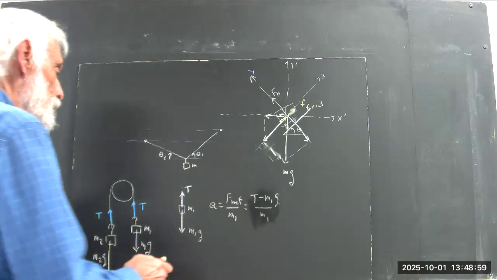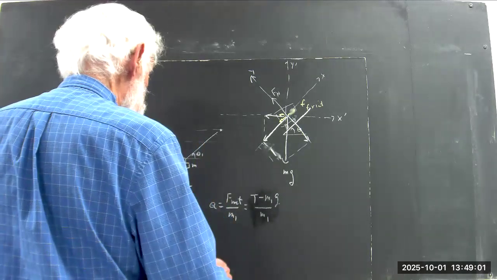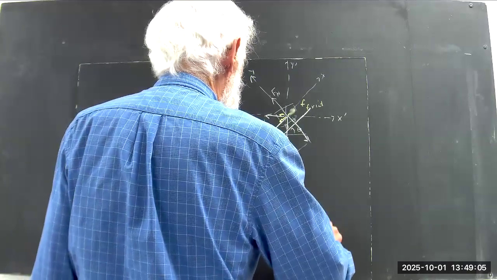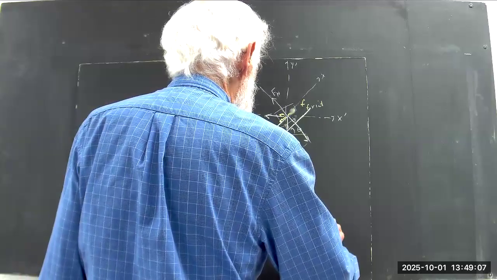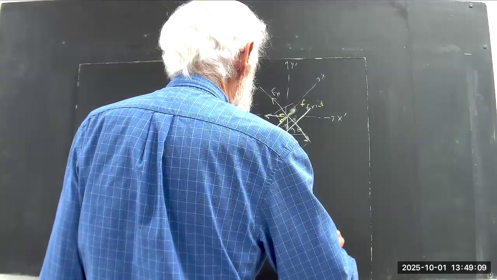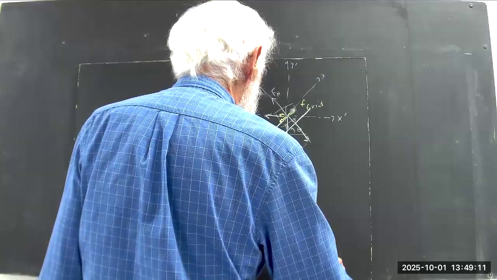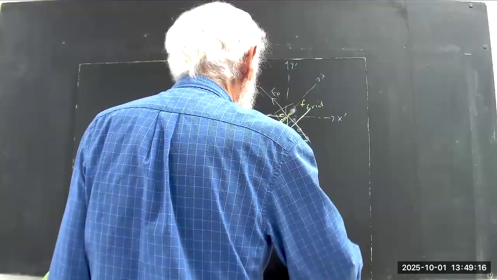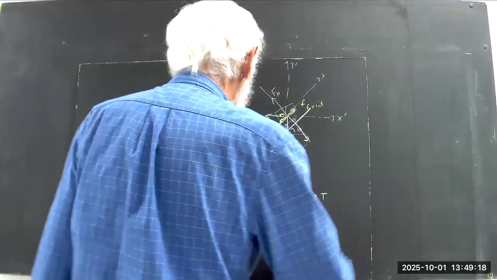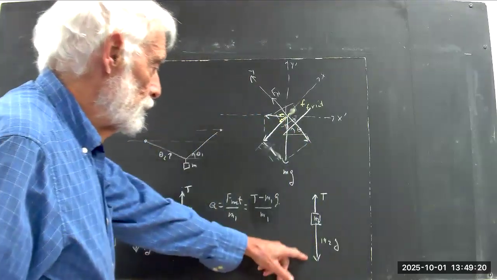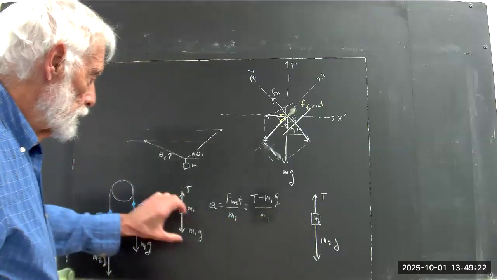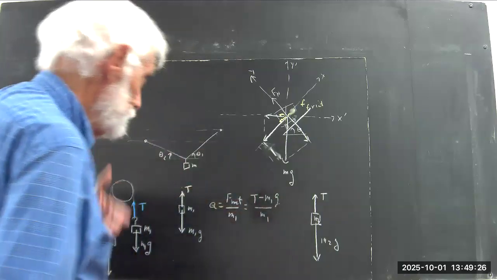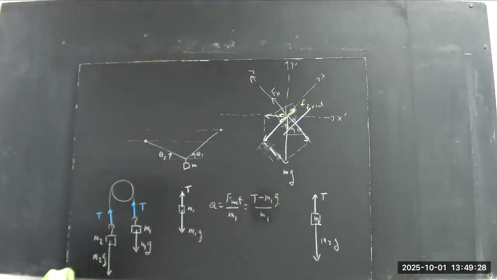You can also do the second mass. M2G being a longer vector indicating a bigger mass, and a tension being about the same length, because that's what we have.